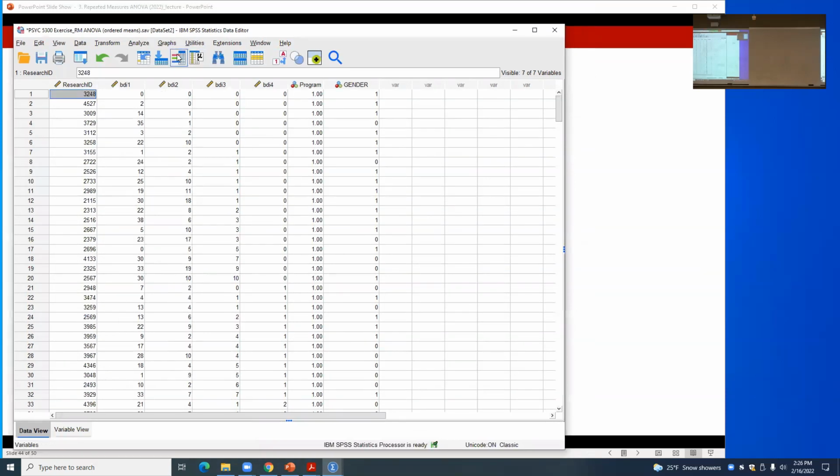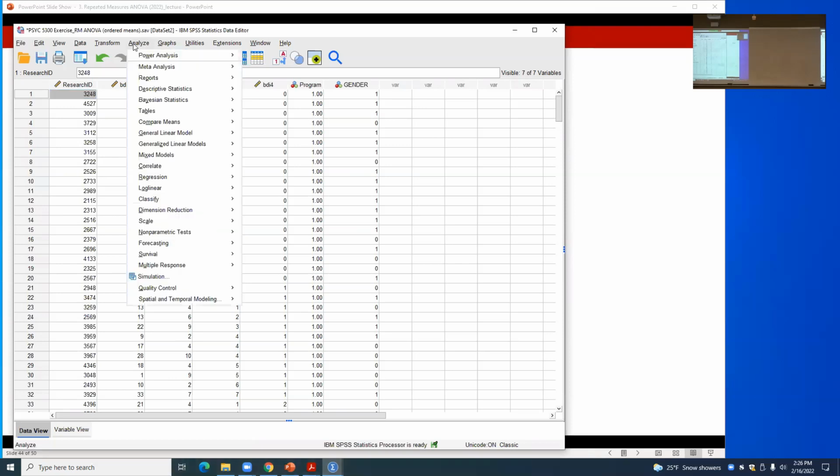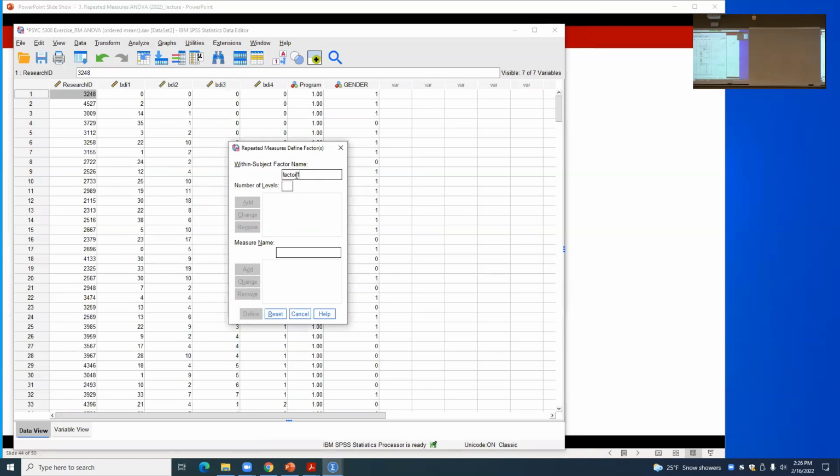analyses here. So what I'm going to do is, I've got a within subject factor and a between subject factor. This is pretty straightforward. We're going to do the same thing as we did before. We're going to go to analyze, general linear model, down to repeated measures, okay? And for the factor, maybe we'll call this time.